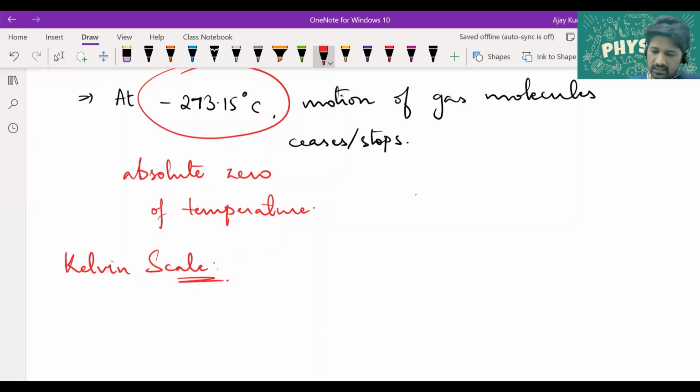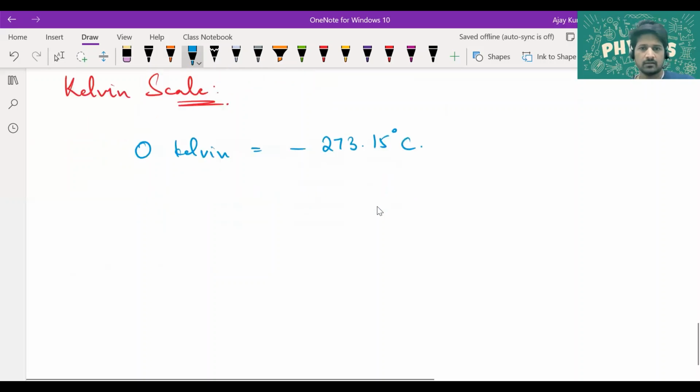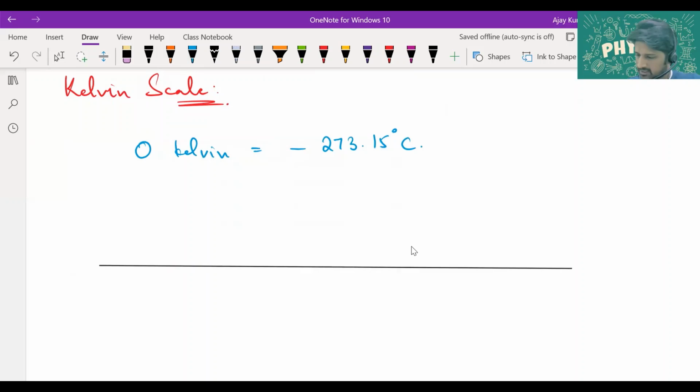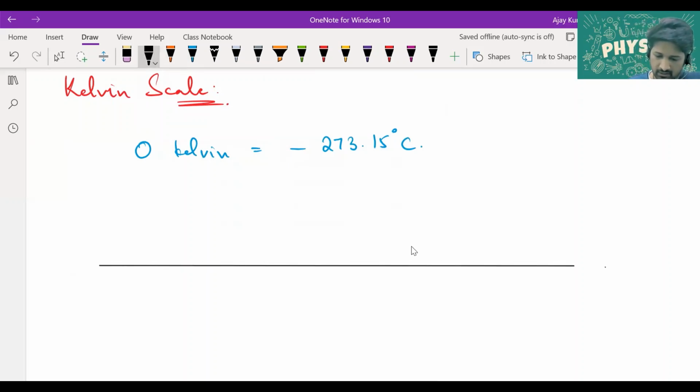So on the Kelvin scale, 0 Kelvin is basically this temperature, minus 273.15 degrees Celsius. Fine. So if you consider temperatures on the Kelvin and Celsius scale, let's say on the upper side you have degree Celsius, lower side you have Kelvin.